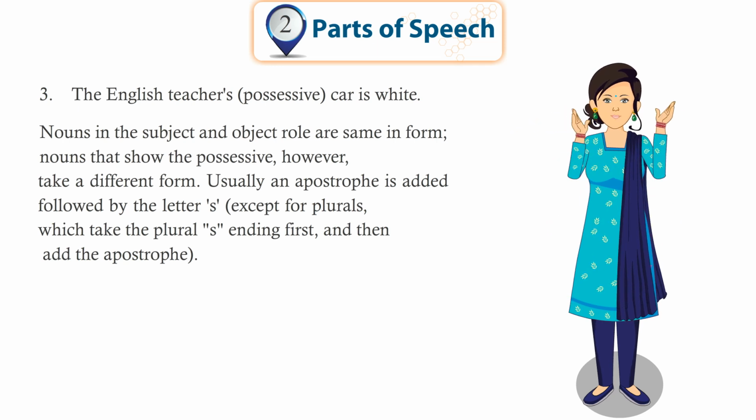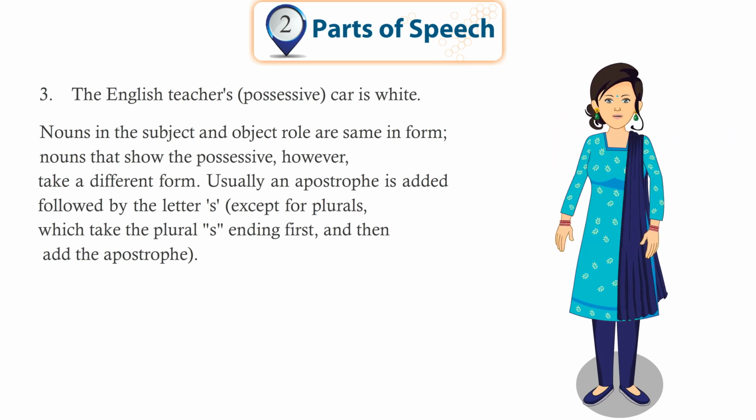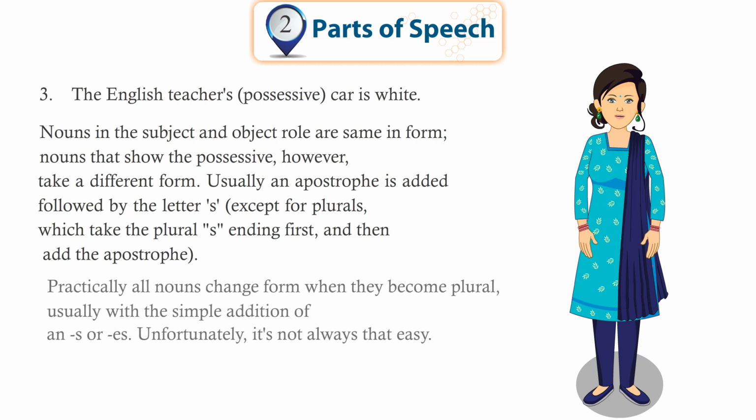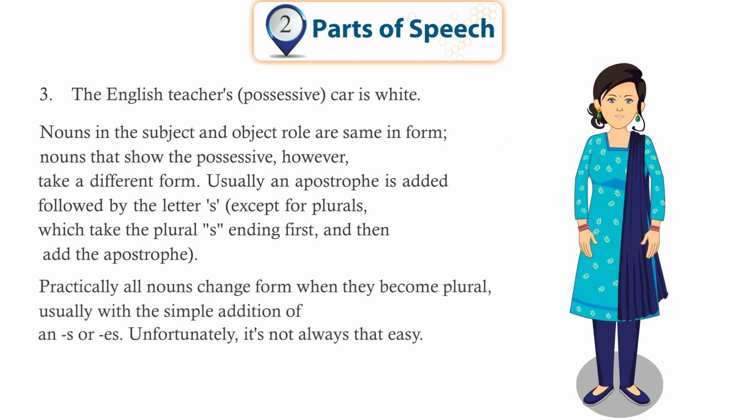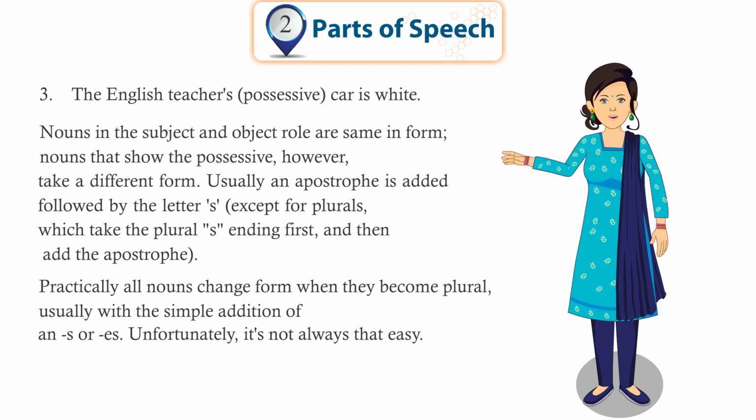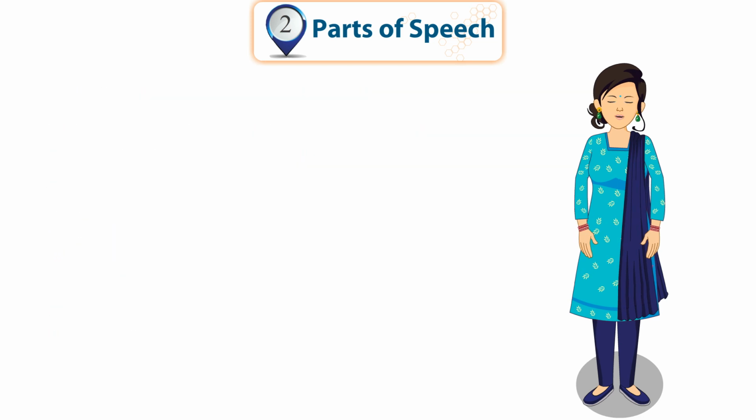Usually an apostrophe is added followed by the letter s, except for plurals, which take the plural s ending first and then add the apostrophe. Practically all nouns change form when they become plural, usually with the simple addition of an s or es. Unfortunately, it's not always that easy.